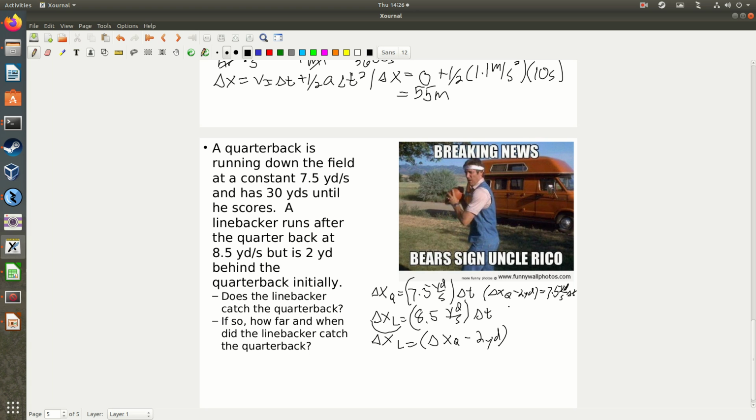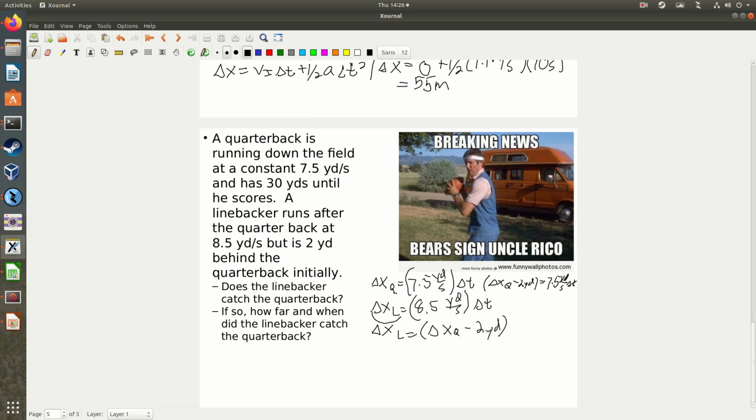Close enough. All right. Well, we still have 2 unknown variables. We have delta T and we have delta XQ. But I do know that delta XQ is equal to 7.5 yards per second times delta T. And I made a boo-boo back here, you probably noticed.